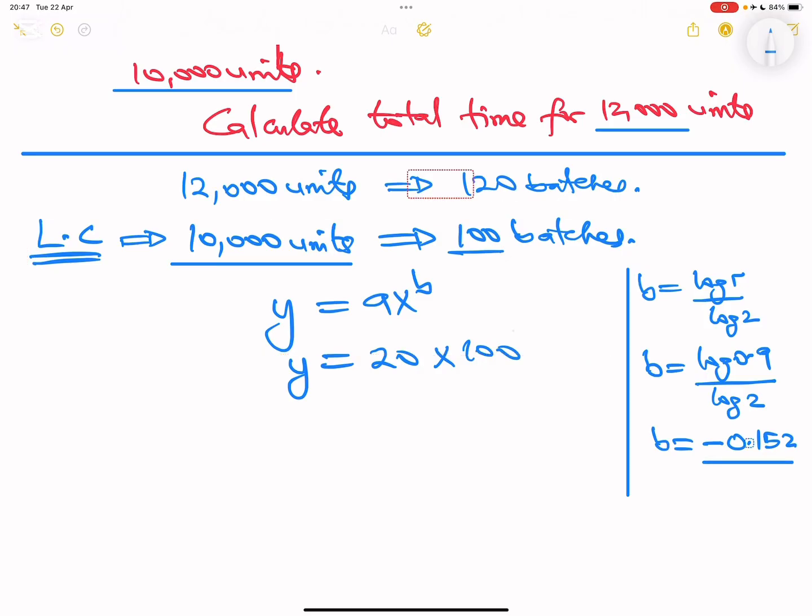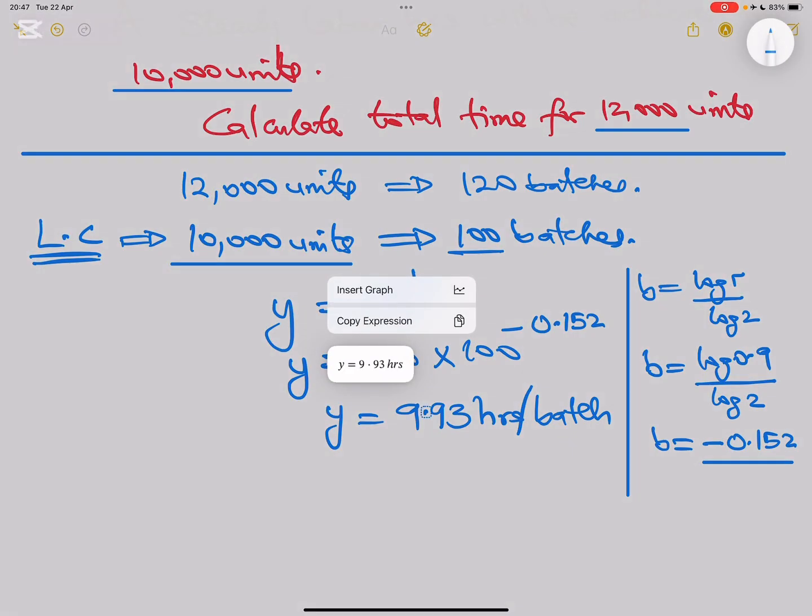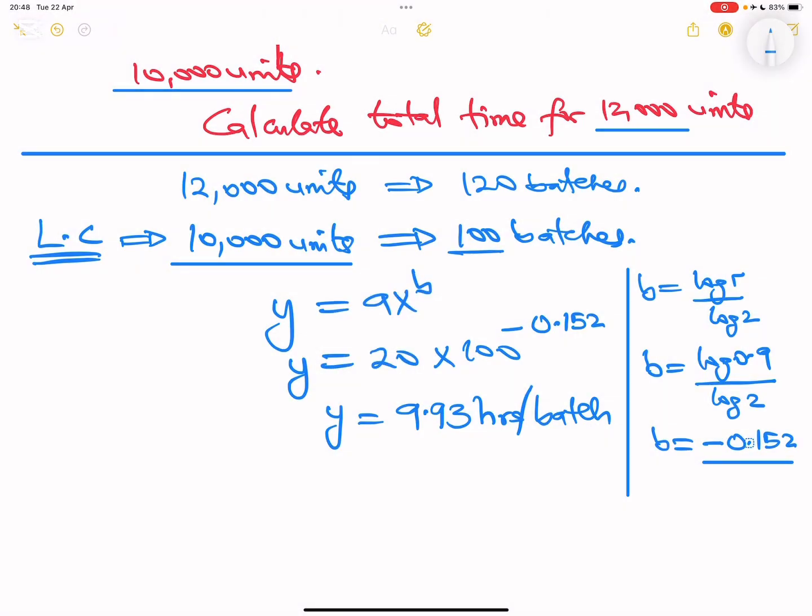So we already know our B here, so we can just put it here, raised to power minus 0.152. And that will produce Y equal to 9.93 hours per batch. So in a total of 100 batches, the average number of hours per batch is 9.93.